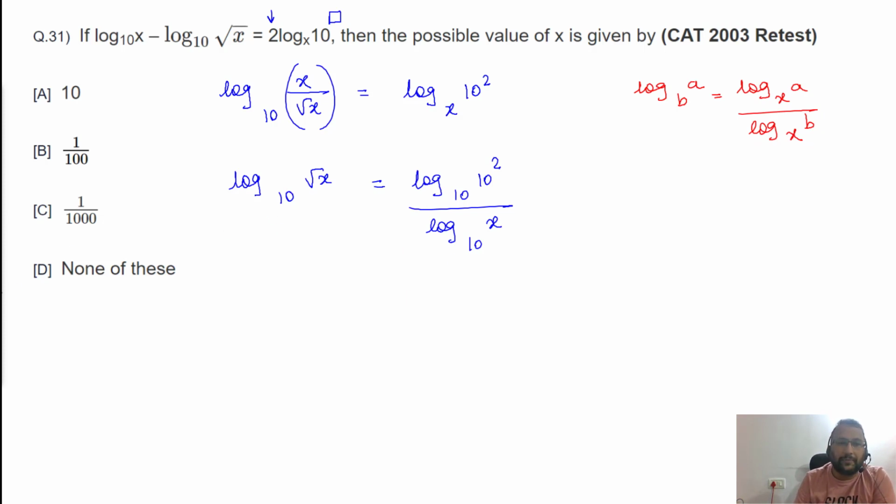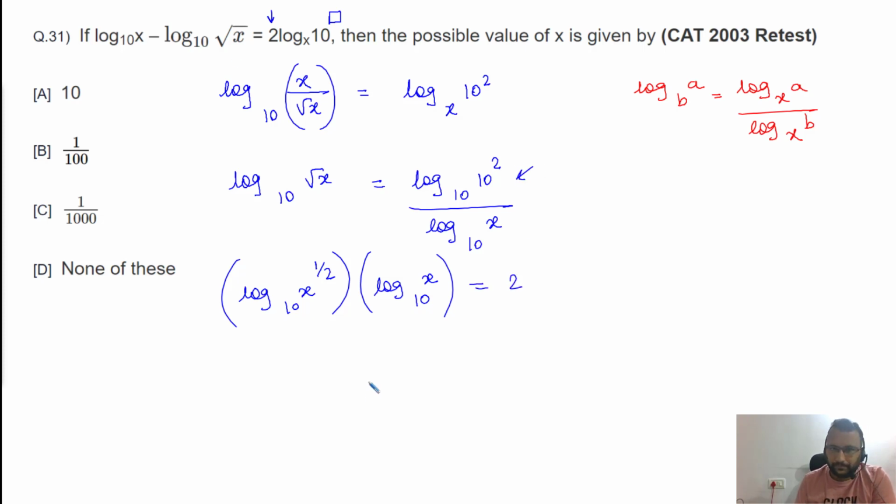Now let's cross multiply. So we can write log of x to the power 1 by 2 to the base 10, multiplied with log of x to the base 10, is equal to the value of this numerator, which is 2, everyone.